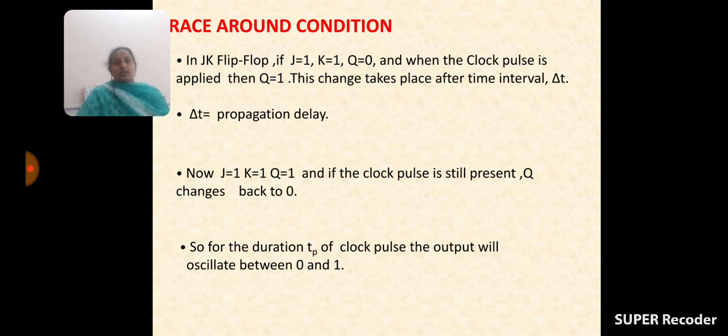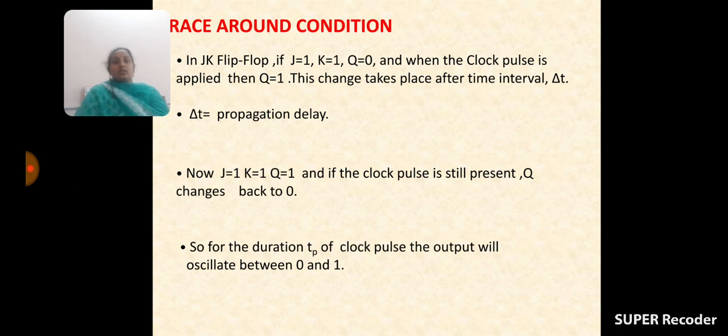Once I would like to read the slide. Listen. In JK flip-flop, if J is equal to 1, K is equal to 1, Q is 0, and when the clock pulse is applied, then Q is equal to 1. This change takes place after a time interval delta t. Here this time interval delta t is called propagation delay. Now if J is equal to 1, K is equal to 1, Q is equal to 1, and if the clock pulse is still present, Q changes back to 0.